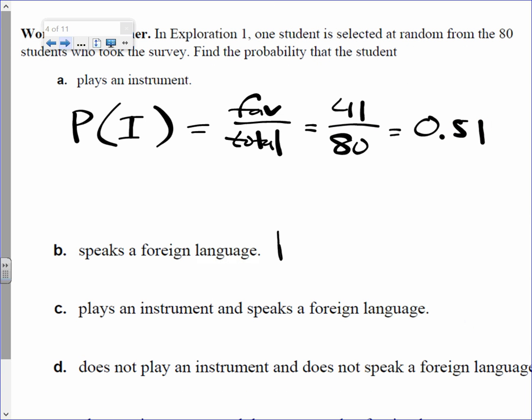So probability, foreign language, I'll put FL, is 46 out of 80. Calculator time. 0.58 to the nearest hundredth.